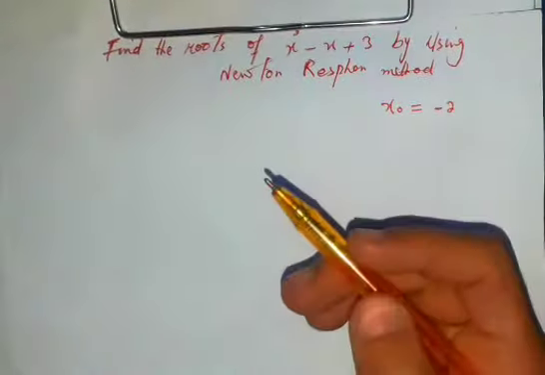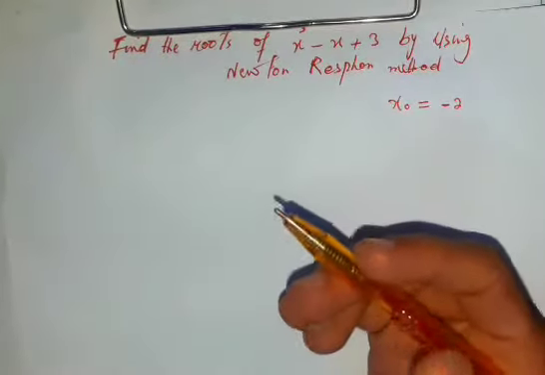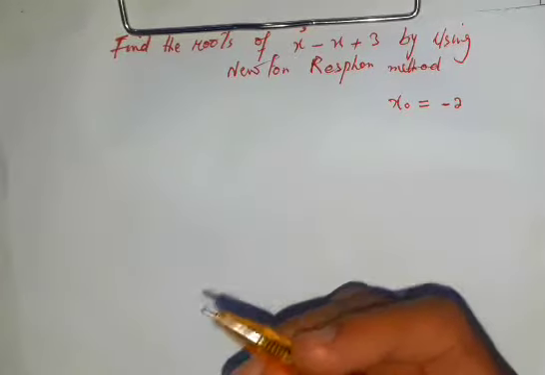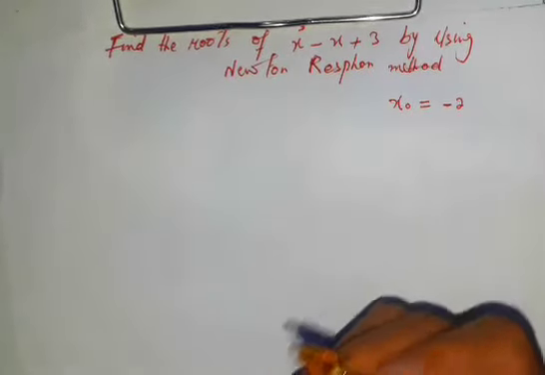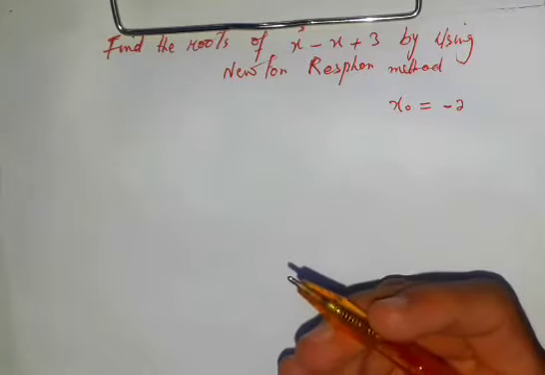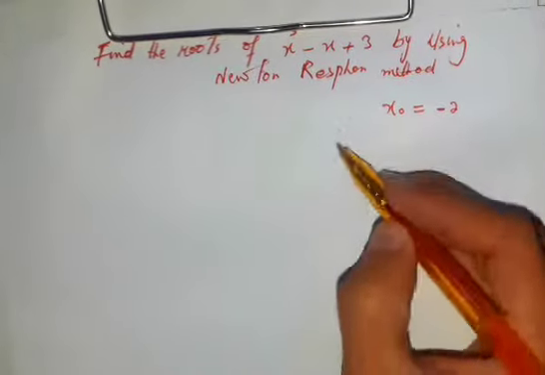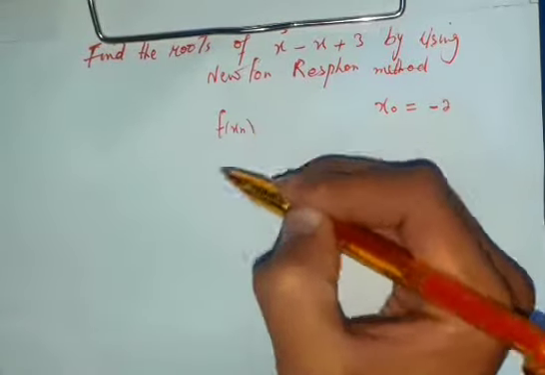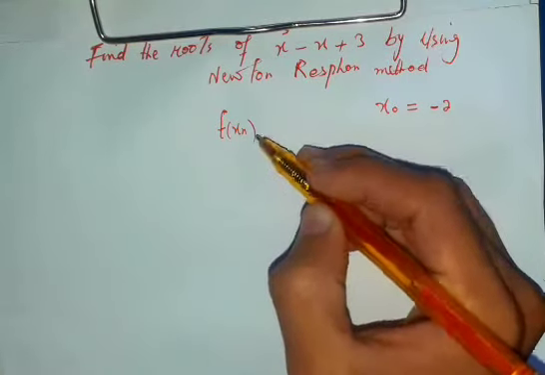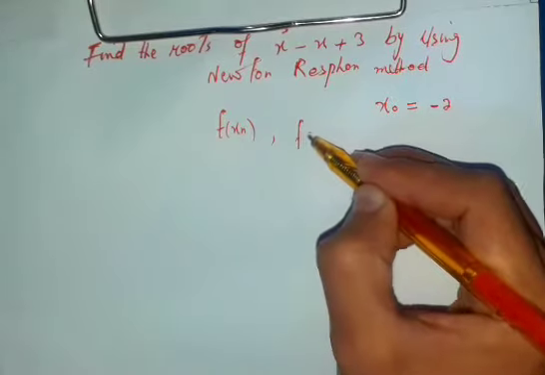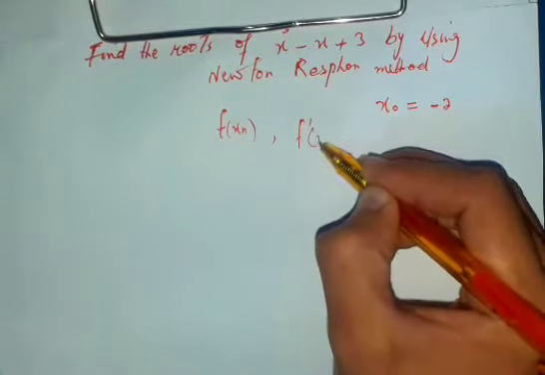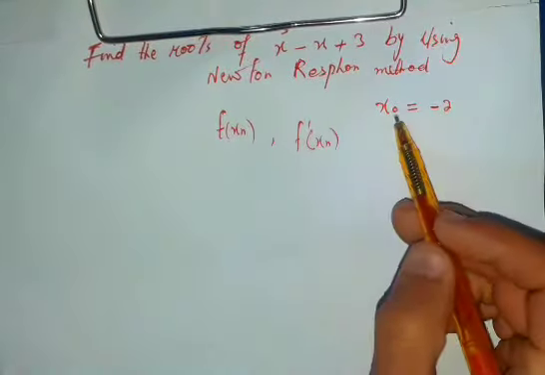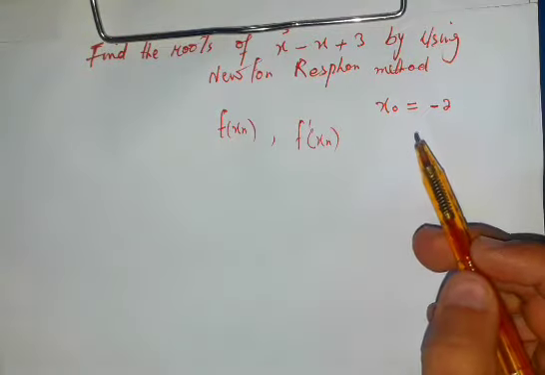So we have to find some pre-values that we will use in the Newton-Raphson formula. We need f of xn, the value of f of xn. We have to find the value of f derivative of xn, and of course we are given the value of x naught, which is minus 2.